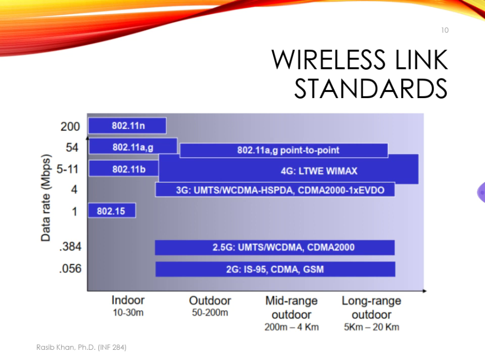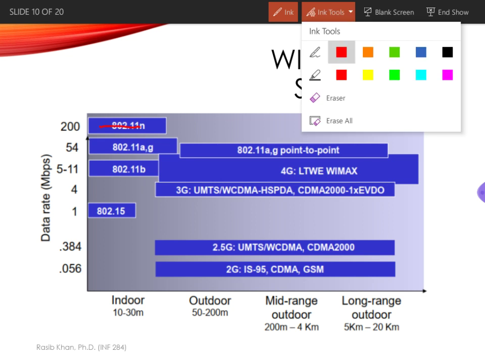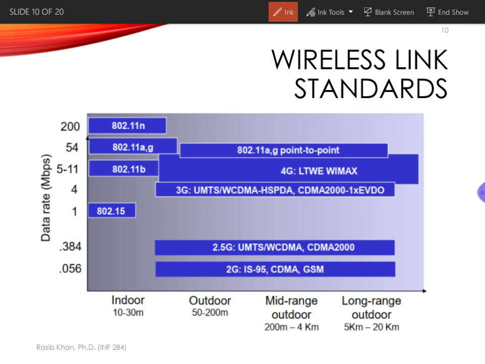The common IEEE standard for wireless links is 802.11, and as you can see, there are many different versions of 802.11.